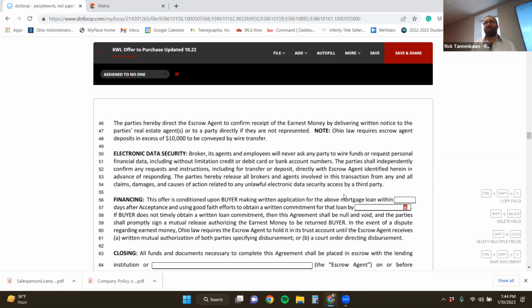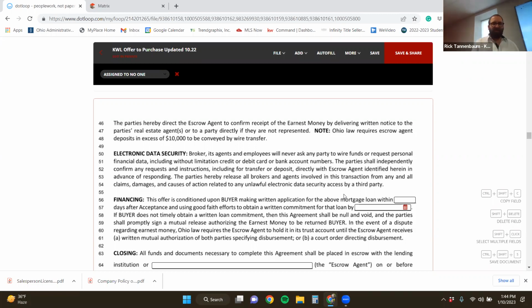And once that money's gone, it's gone. So I'm always sure to stop and really explain that paragraph about electronic data security to my clients. I want them to know that if they get wire instructions from me, don't do it, call me, it's not from me.